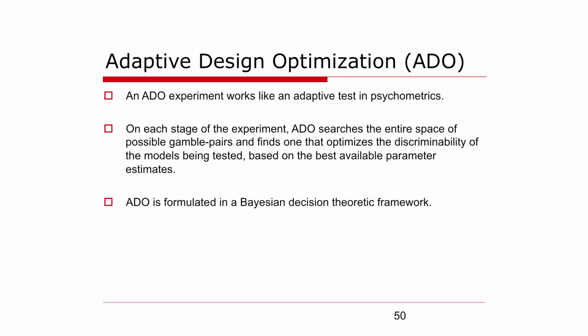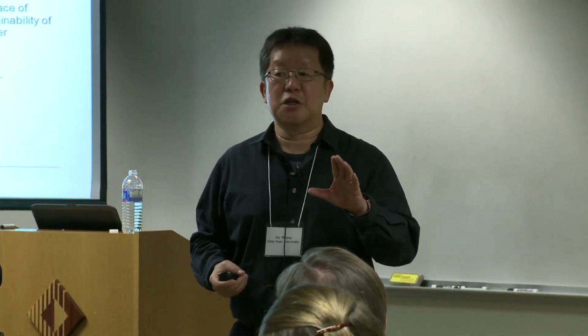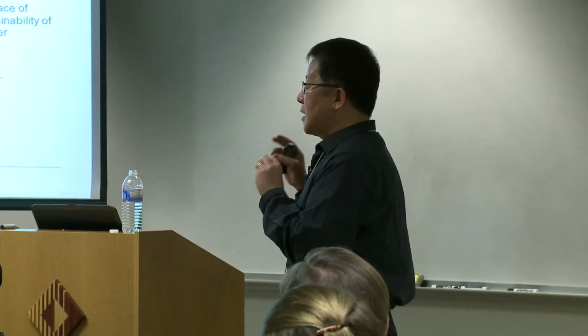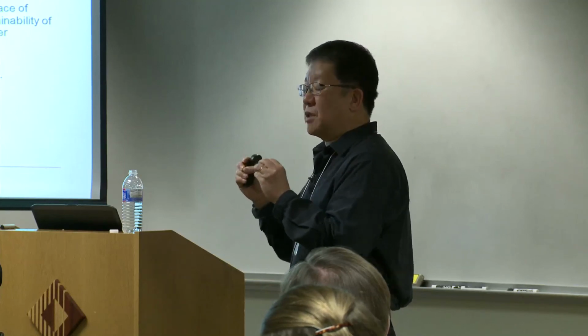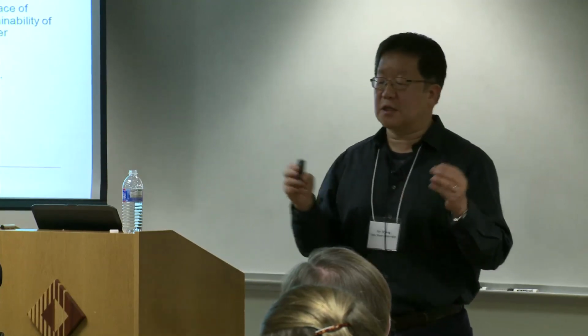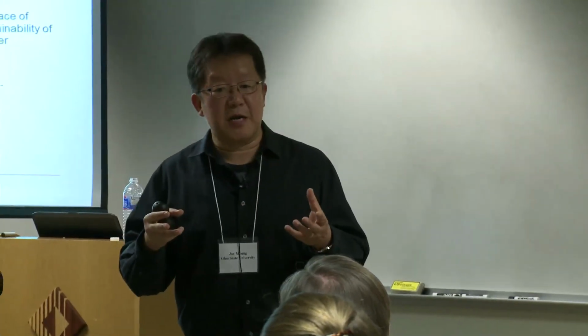ADO works very much like that, but our domain of application is not assessment but model testing or model discrimination. So ADO is like a CAT, but a more general-purpose, computer-assisted experimental methodology for, say, psychology experiments. The only thing is that you must have formal models, right?